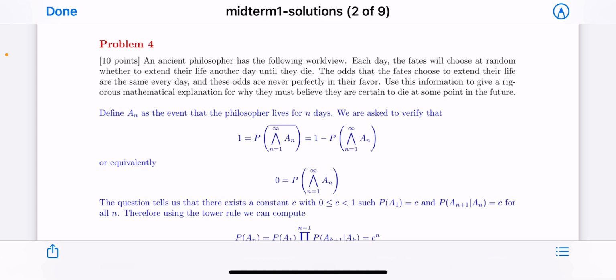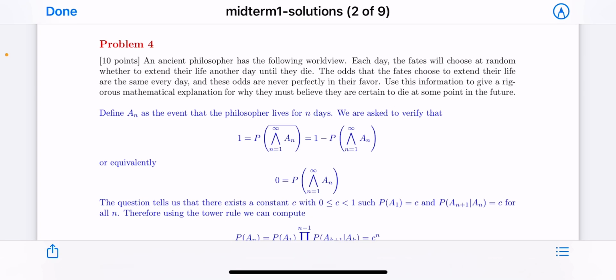The infinite conjunction of A_n means the philosopher lives forever, and the complement means the philosopher dies. So we're asked to prove that the probability of eventual death is 1, or equivalently, the probability of infinitely prolonged life is 0. So what we're supposed to do here is prove that the probability of this infinite conjunction is 0.